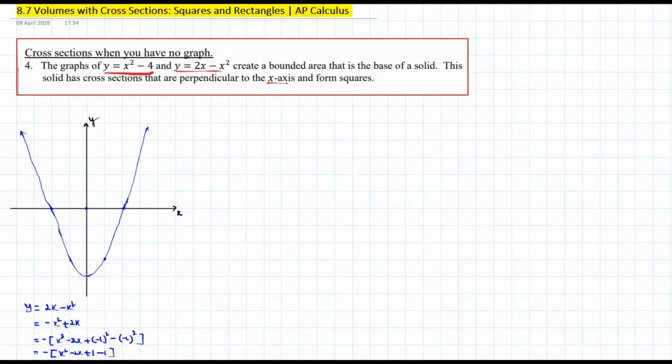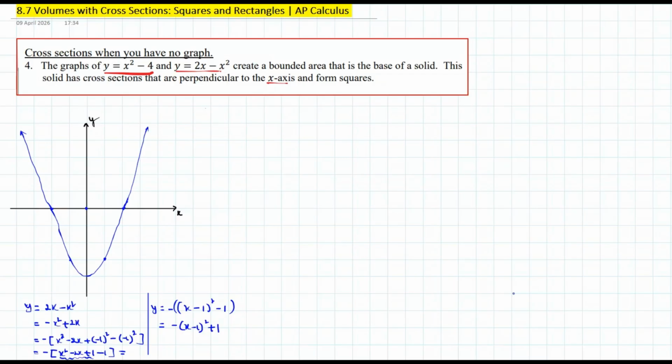So y equals negative, and x squared minus 2x plus 1 is x minus 1 whole squared, and we have the negative 1. Multiplying with the negative, we have y equals negative x minus 1 whole squared plus 1.